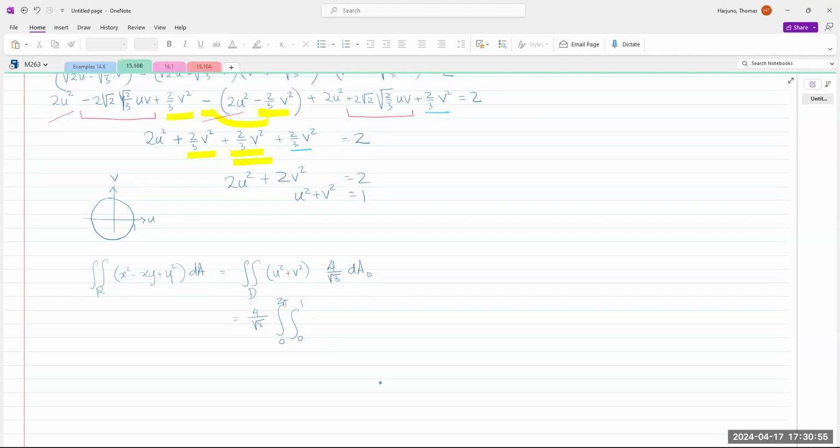So u squared plus v squared becomes r squared, and dA becomes r dr d theta. It's a rectangular domain and the integrand is independent of theta, so I will just multiply by 2 pi for the d theta, and then r cubed integrated from 0 to 1 will be 1/4. So I will get 2 pi over square root of 3 as the answer, or 2 pi radical 3 over 3.